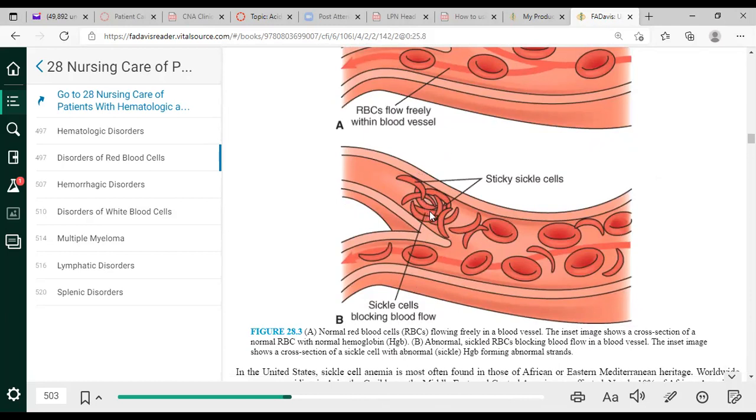Blood can't travel through this area, or some might seep through, but not enough. So that's cutting off circulation to whatever area the cells have sickled. Depending on the area, circulation can be decreased, affecting tissue perfusion. Your different organs are not getting enough oxygen, and it can potentially shut the body down.